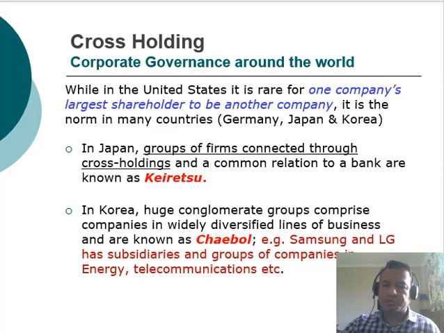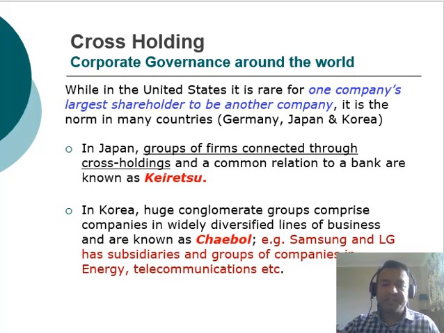The next slide will talk about cross holdings. While in the United States it is rare for one company's largest shareholder to be another company, it is the norm in many countries, including Germany, Japan, and Korea. In Japan, groups of firms connected through cross-holding and a common relation to a bank are known as keiretsu.